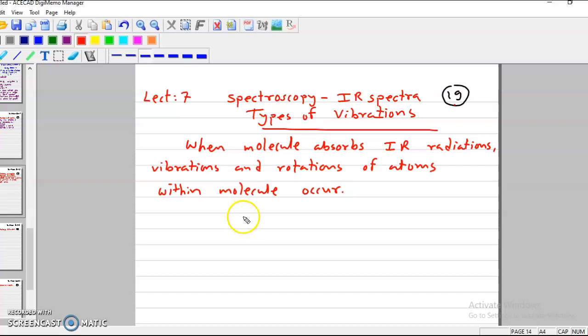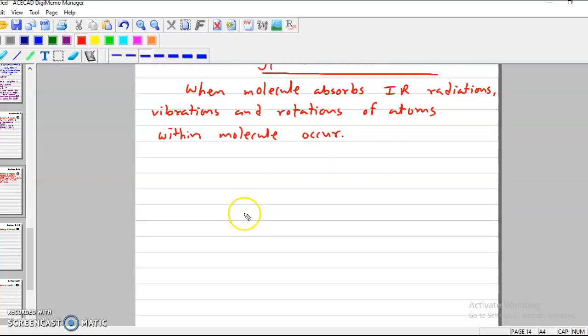Here, for infrared spectra, mainly vibrations are more important, and there are two types of vibrations.